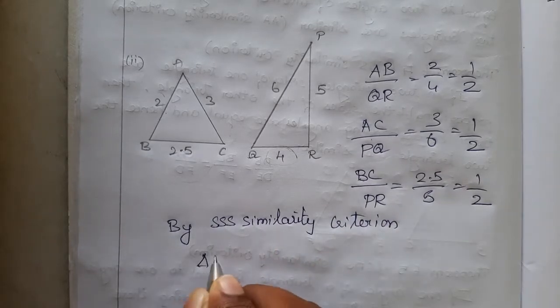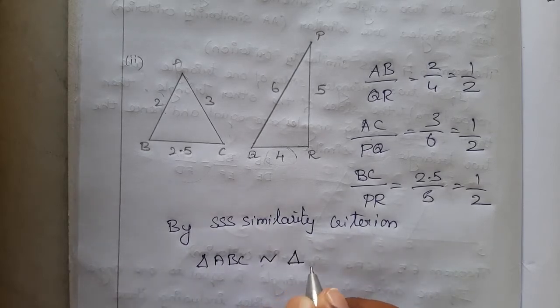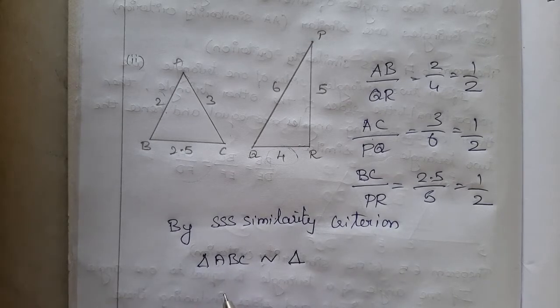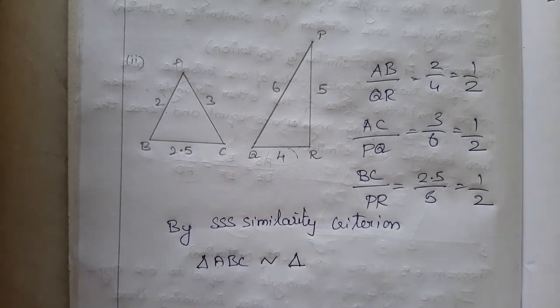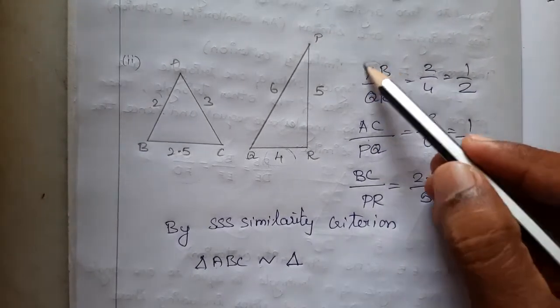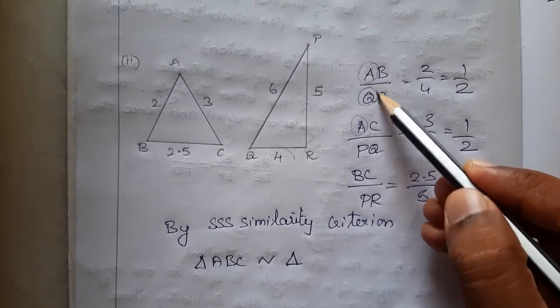So triangle ABC is similar to triangle... This part we have to be careful. So we have to check which point corresponds to A. Here we have 2 things we have proved. So just compare both. The A is in the numerator and the one in the denominator is Q, right?